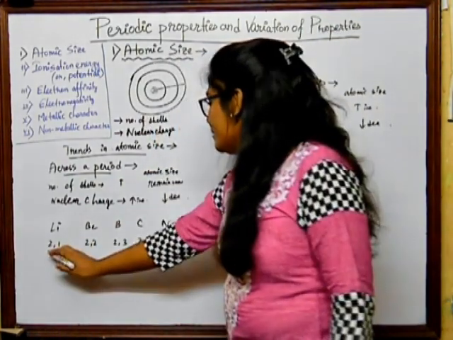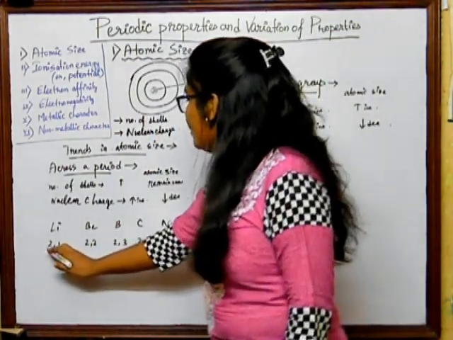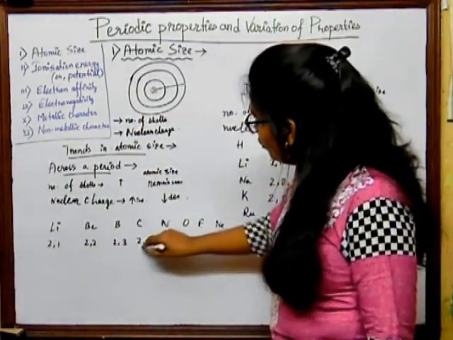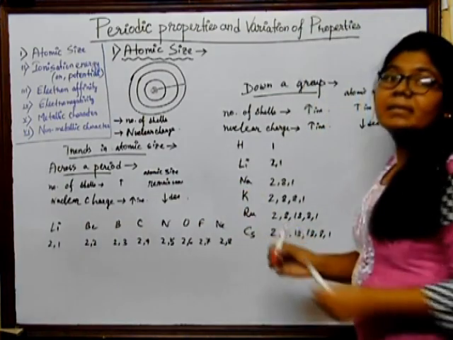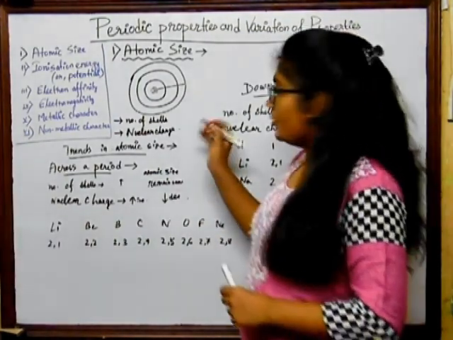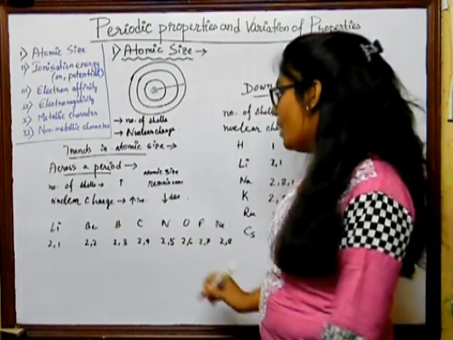Here in all the atoms, the number of shells is the same, 2, 2, 2, 2, 2, 2. So the number of shells remains the same.